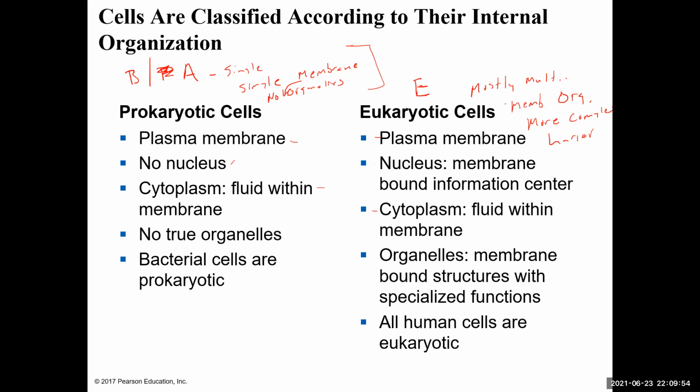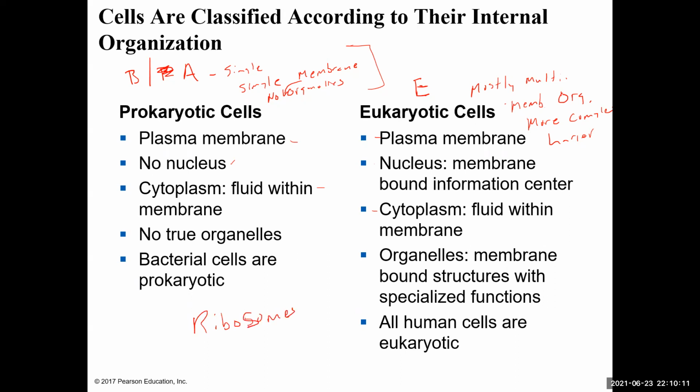Now, prokaryotic cells don't have those true membrane-bound organelles. One of the only overlapping organelles between prokaryotic cells and eukaryotic cells are ribosomes. Right?